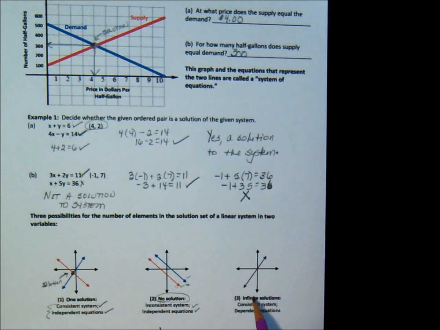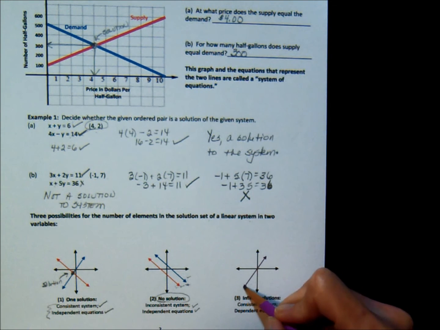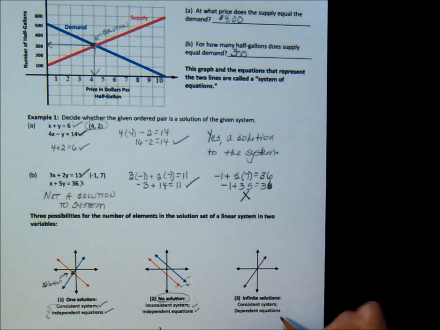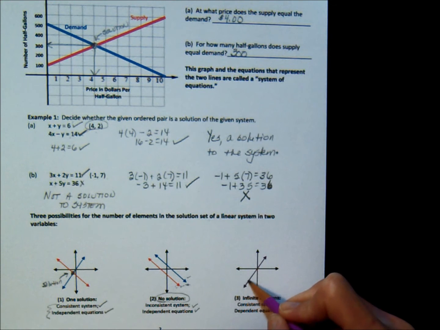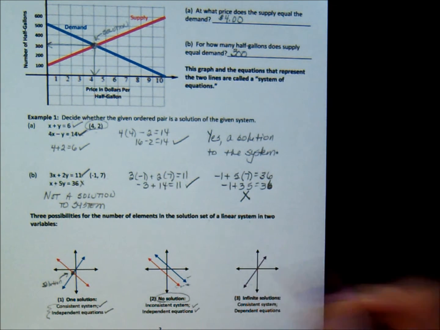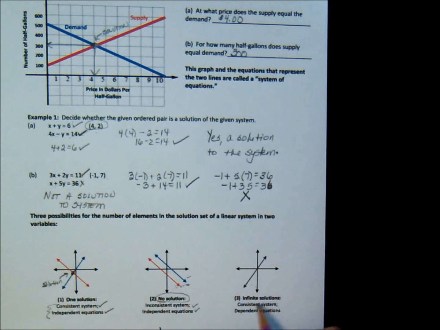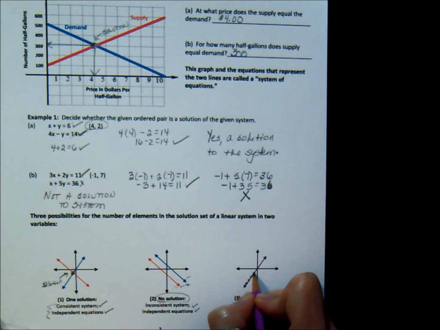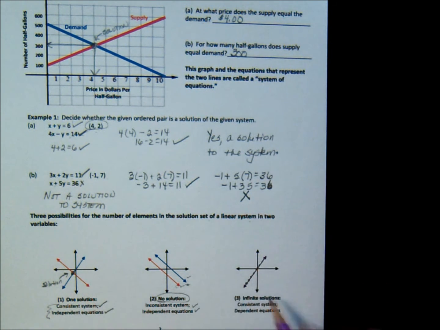Finally, the last thing that can happen is I can graph my red line, and when I go to graph my blue line, it lies right on top of the red one, making purple. So you see what I did there with the colors? Red and blue makes purple. So we would say there are an infinite number of solutions here because at every point on that line, the red and blue, or purple, share the same point.